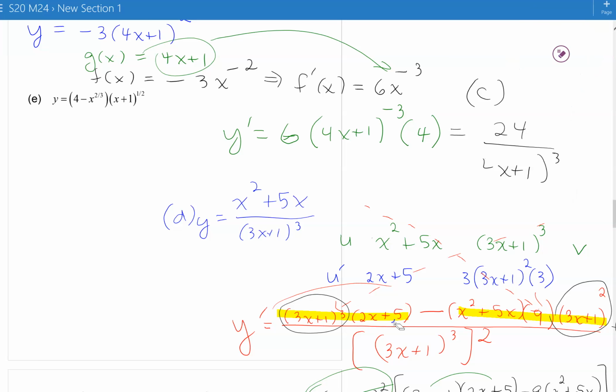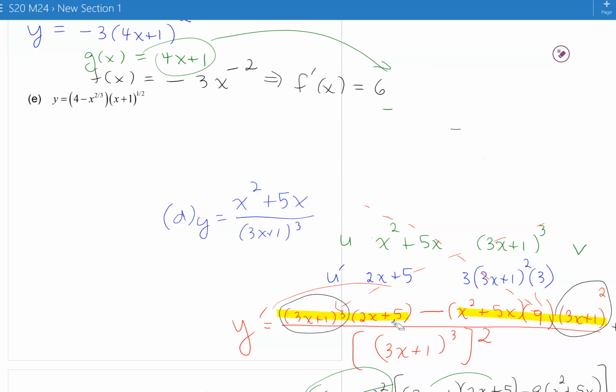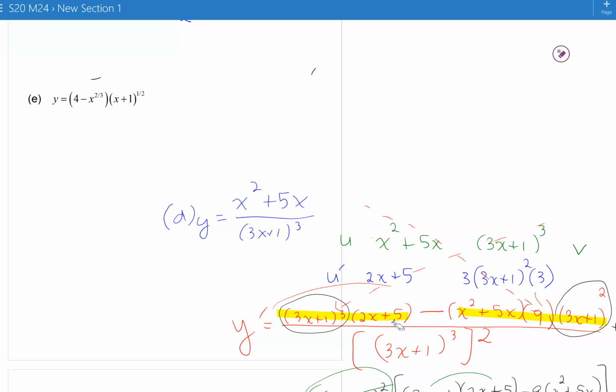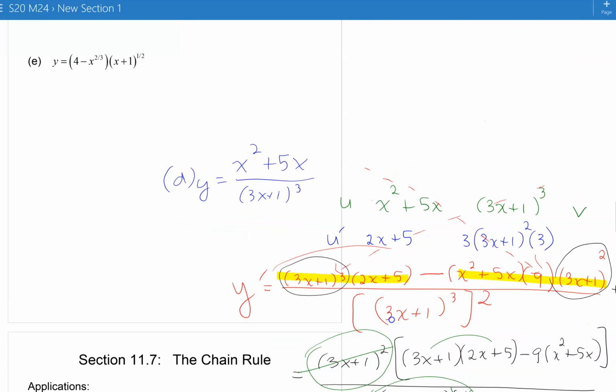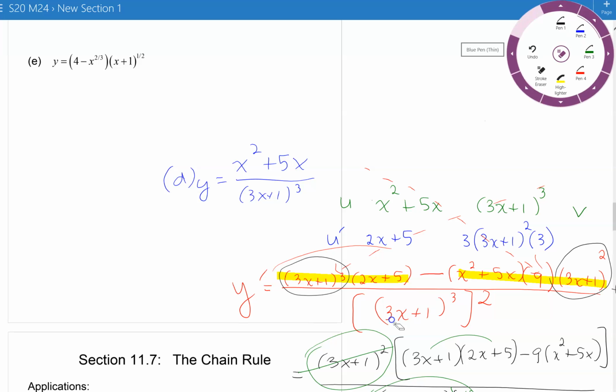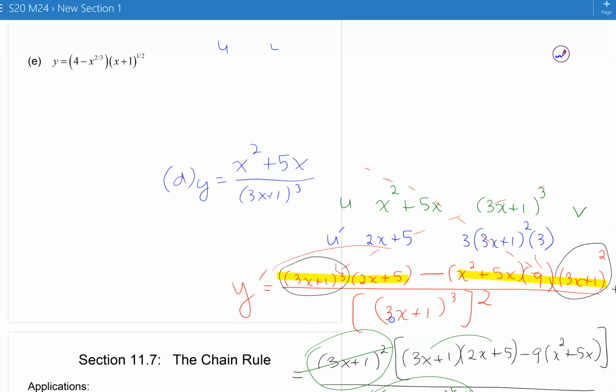So I'm going to erase a little so I have some workspace. Okay, so for E, I see I have a product. So my U function is going to be 4 minus x to the 2/3. And my V function is going to be x plus 1 to the 1/2.